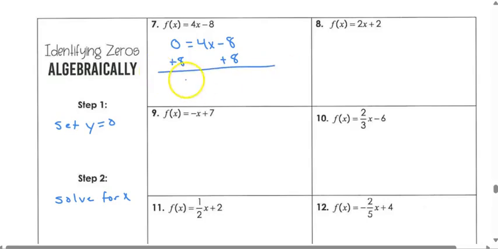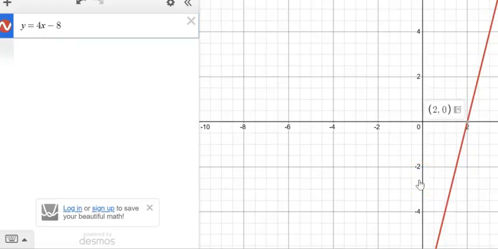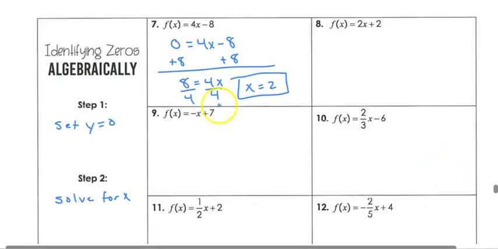So add 8 to both sides, and then divide by 4, and I would get x equals 2. So that is my zero. If I were to graph this, 4x minus 8, we can see that it touches the x-axis right here at 2. So same thing, just a different way to get the same answer.